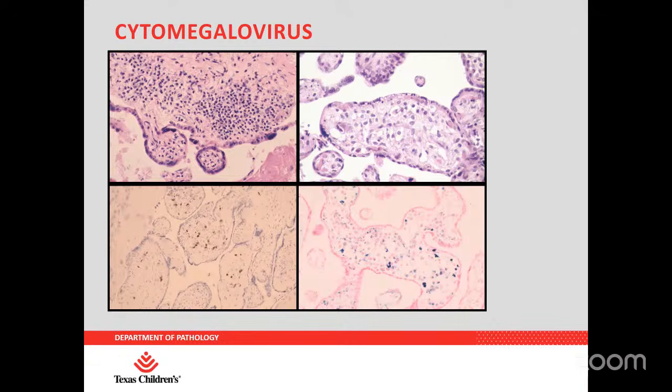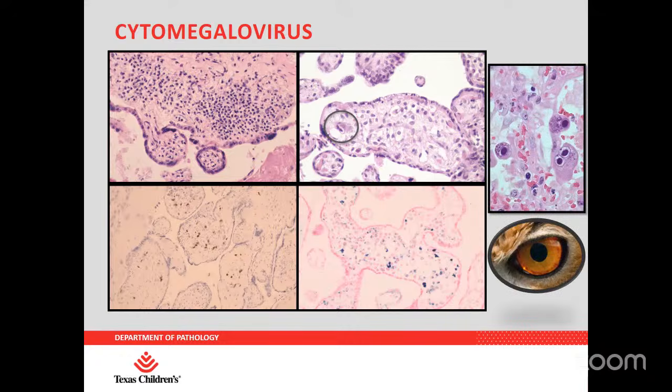Macroscopically, the placenta can appear either large and edematous or small and fibrotic. On histology, we typically see a chronic lymphocytic or plasmacytic villitis, villous hyalinization, hyperplasia of the Hofbauer cells, and then there are characteristic cytomegalic cells with inclusions.